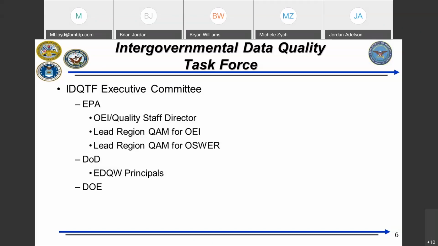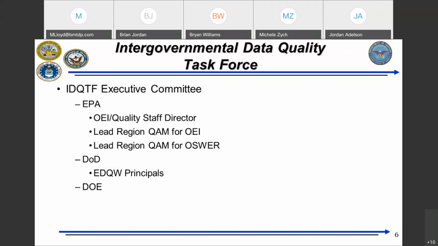This allows us to reach some high-level consensus on data quality issues. It's similar to the efforts the EDQW is working on, but with regulatory buy-in to these products, which really helps us be successful with their implementation. And we really do reach a lot of common ground working with the IDQTF.